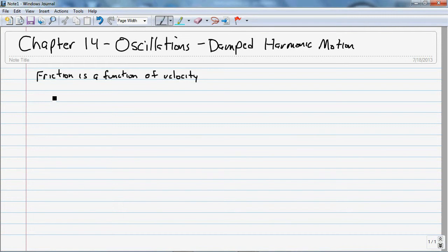So the force due to damping is equal to negative b, some friction constant, times the velocity. And we can now add that into our formulas. We have mass times acceleration, a function of t, is equal to, and now we have our friction force and Hooke's law.